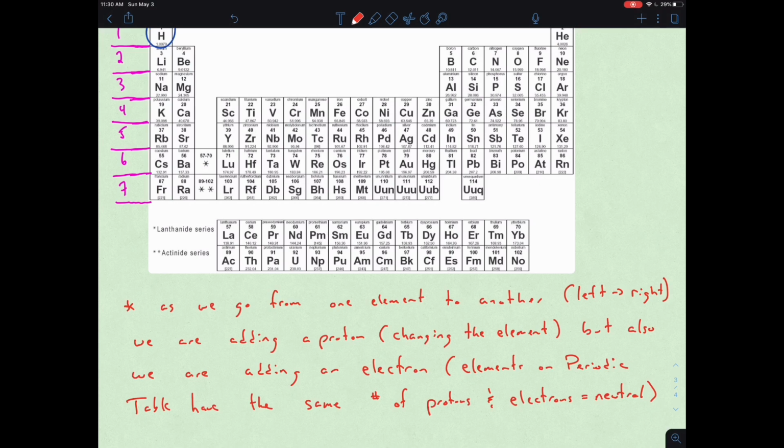So as we go from left to right, we're changing from one element to another, meaning we're adding one proton and then another proton, but we're also adding one electron and then another electron.